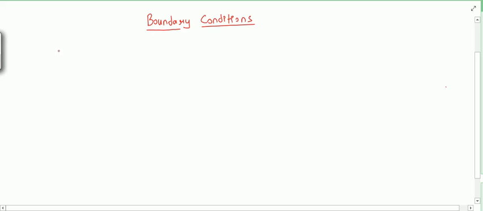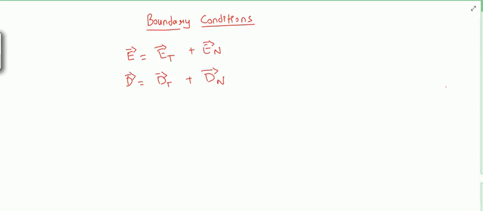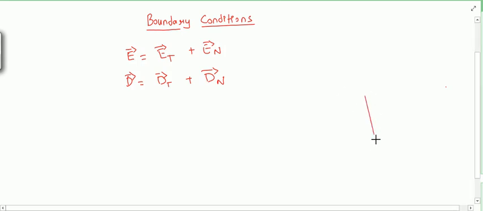For the electric field, we can say that it has one tangential component and one normal component. Any electric field can be divided into two parts, basically one tangential component and one normal component. Similarly, electric flux density can also be split into one tangential and one normal component. We can take a boundary when the electric field is going from one region to another.